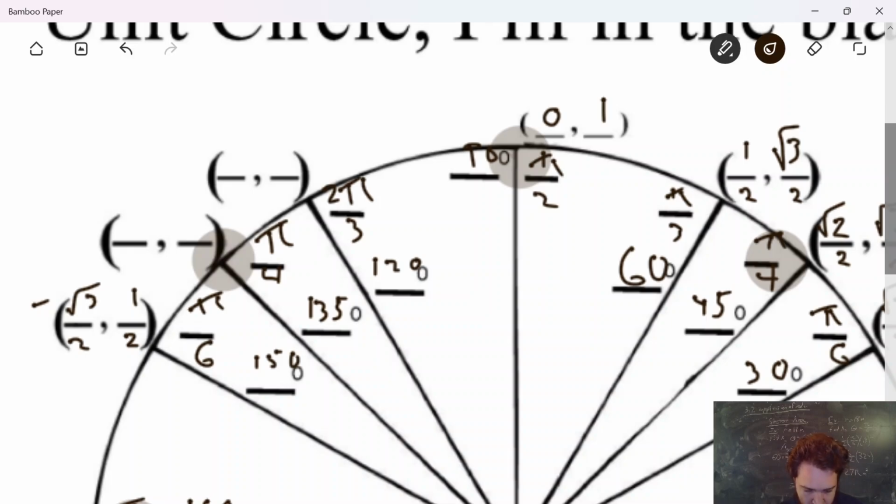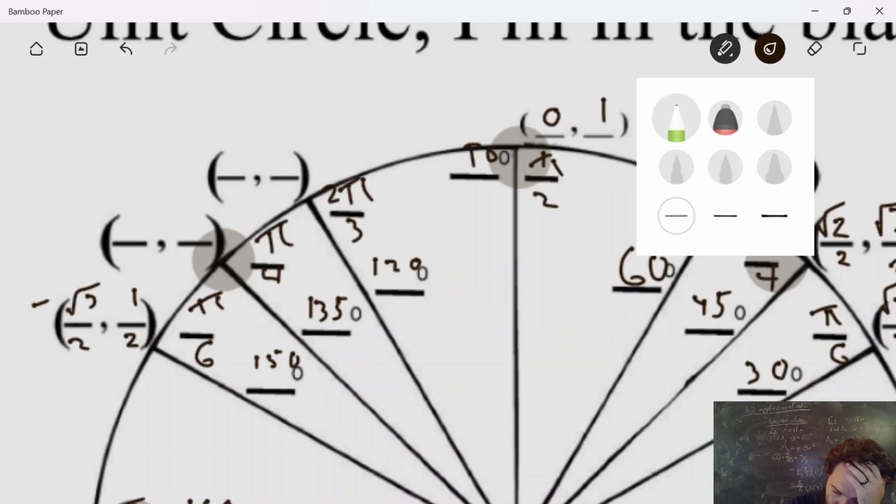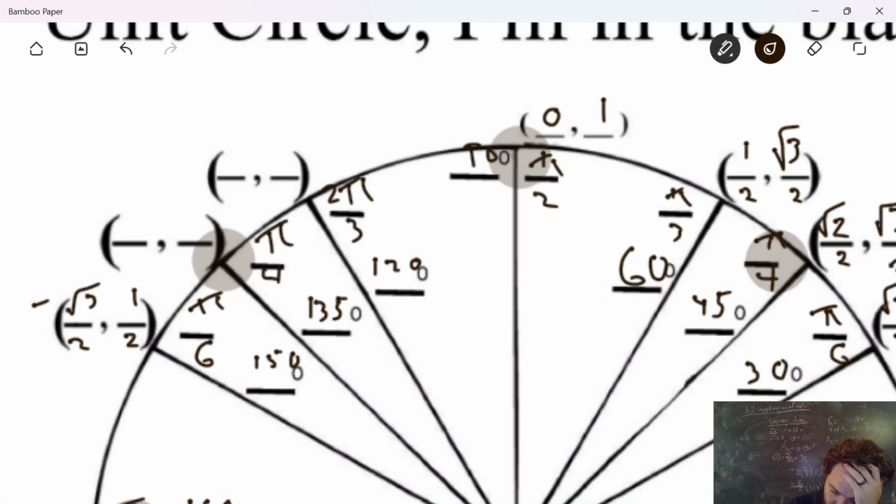Okay, so if we count those out, we know that we already have pi over 4. 1 pi over 4 is already filled in. 2 pi over 4 is just pi over 2, so we leave it alone. And then we have 3 pi over 4 right there.